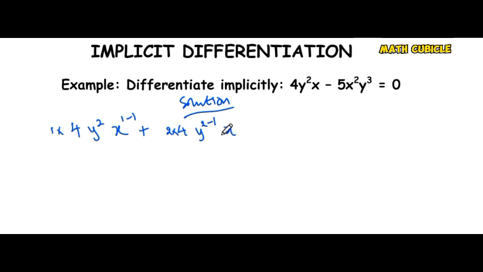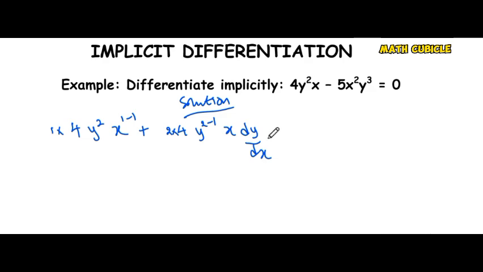In the previous case we kept y constant and differentiated x, but in this case we keep x constant and differentiate y. Now anytime we differentiate y, we have to write dy dx. Remember, anytime we differentiate y, we write dy dx.